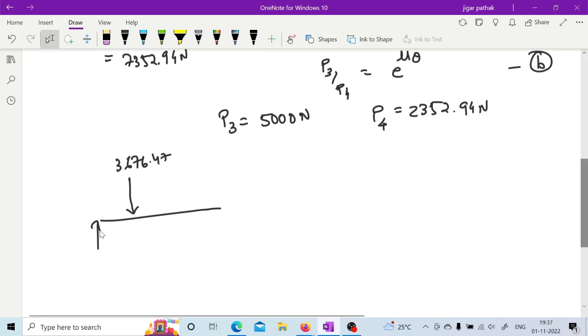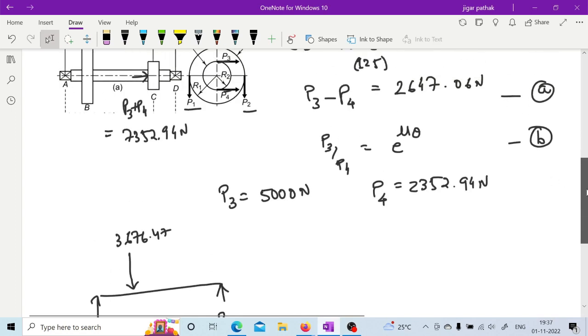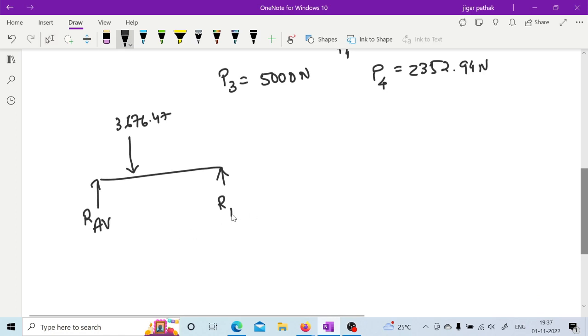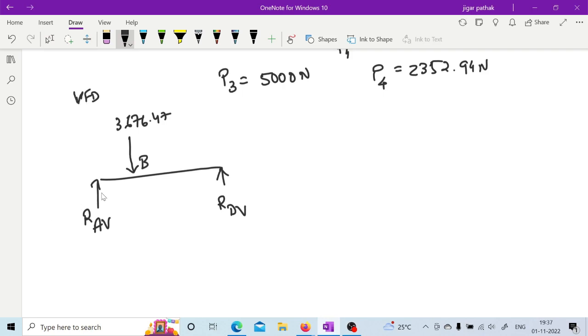Here you will have the vertical reaction at A and the reaction at D, vertical. This is your point B at which the vertical force is there. So this is your vertical force diagram. From this, first you need to calculate RAV and RDV, because the distances are provided: this is 200 and this is 800.